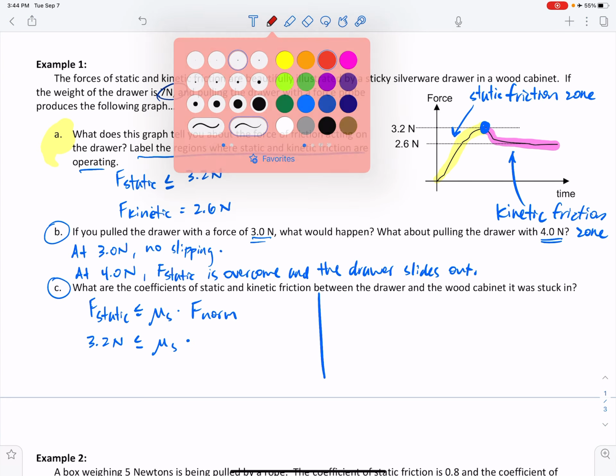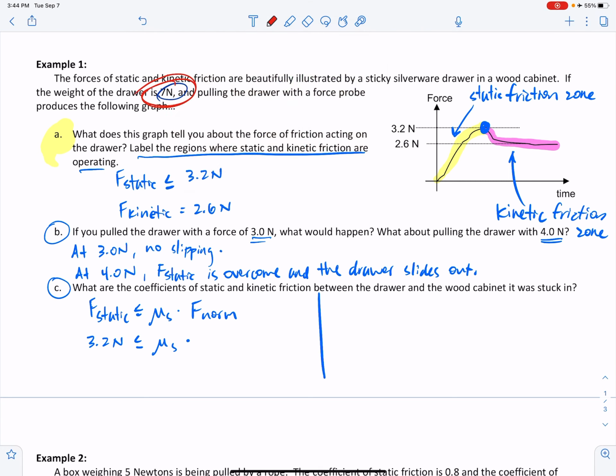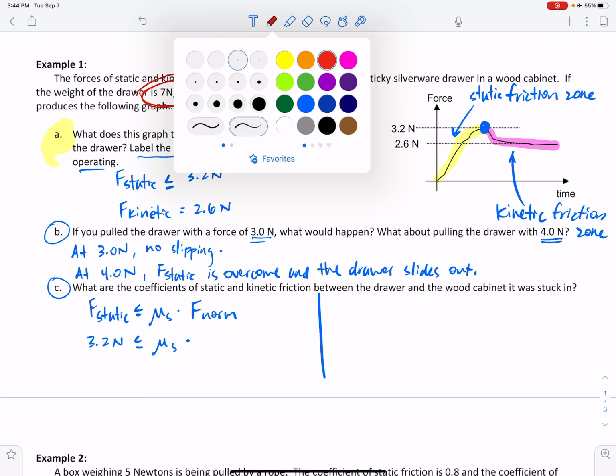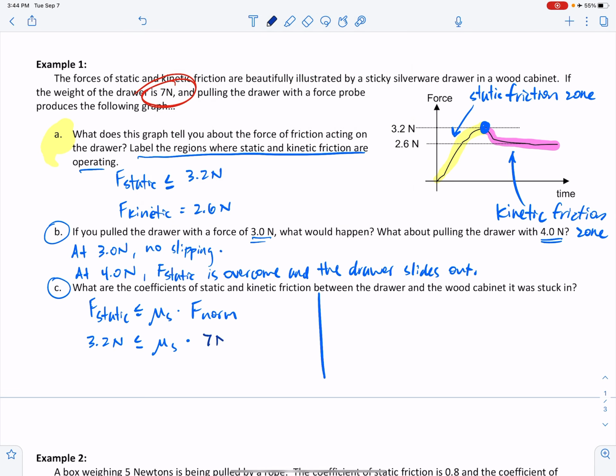Remember that it was a 7 newton drawer. That's describing the weight of the drawer, and so the normal force must be supporting all of that. So I'm going to throw in 7 newtons for that normal force. And so mu sub s, the coefficient, is going to be 0.46. And that has no units because when we do the division problem, it's newtons per newton. So that's our coefficient of static friction.